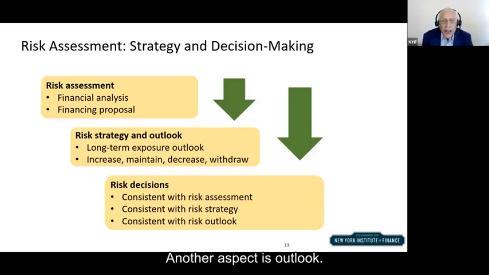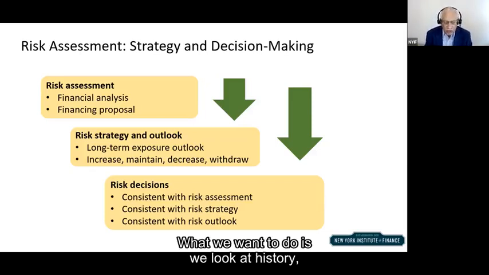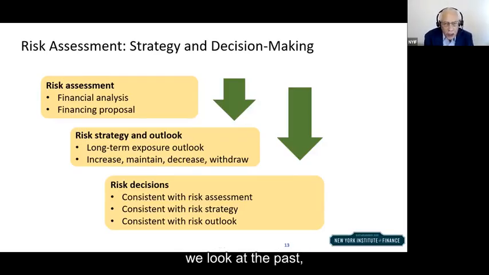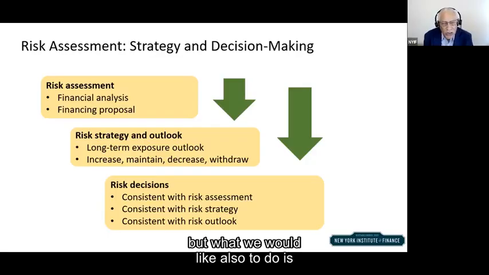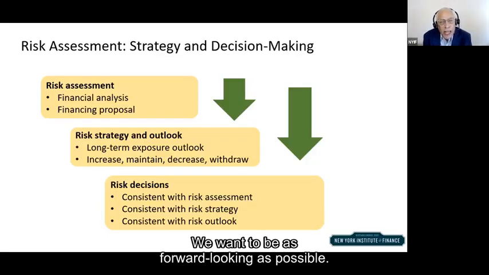Another aspect is outlook. So what we want to do is we look at history, we look at the past, but what we would like also to do is have some projection of the future. We want to be as forward-looking as possible.